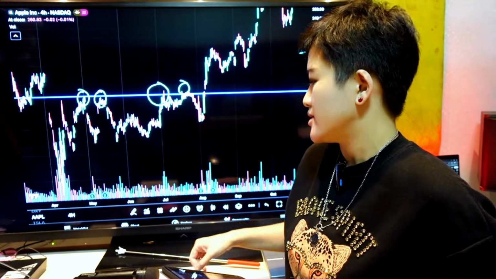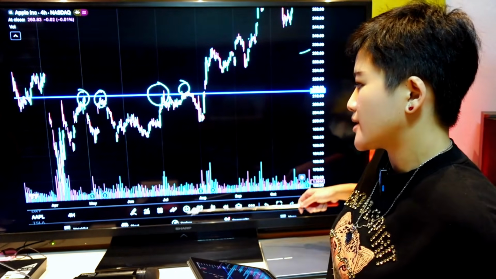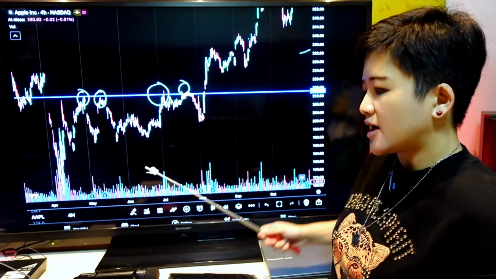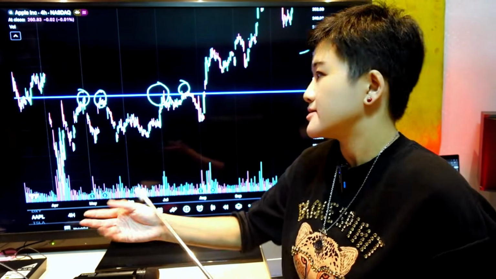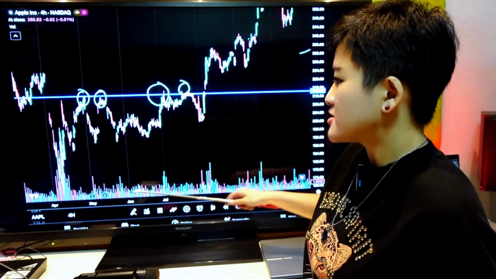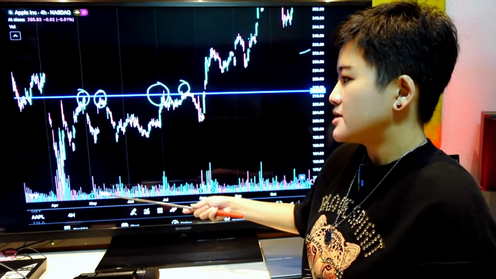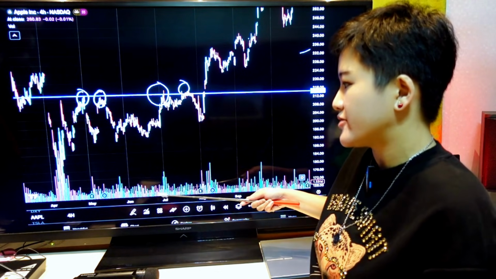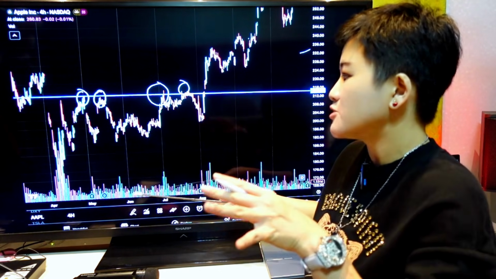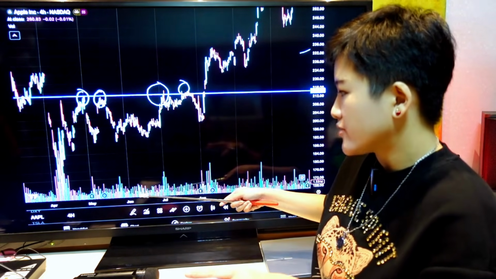And remember, how do we know what the big boys are doing? We look at this bar over here, which is the volume bar. Free indicator, right? So you can see sometimes this bar sticks out a little bit, it's higher, okay? Sometimes it's hovering below, it's low, meaning low volume, high volume, low volume, high volume.